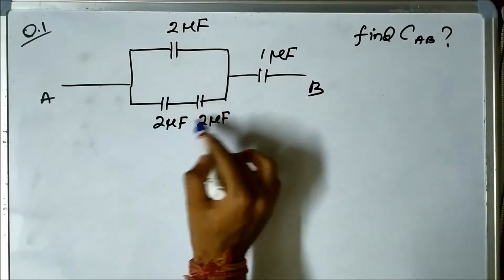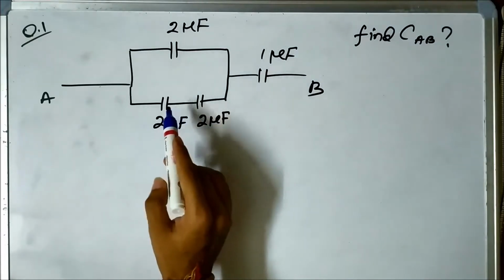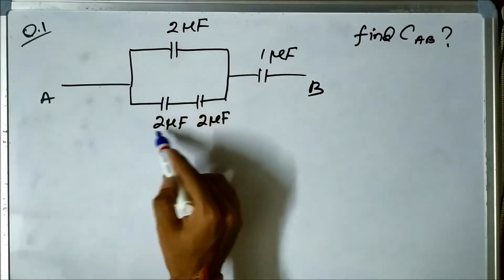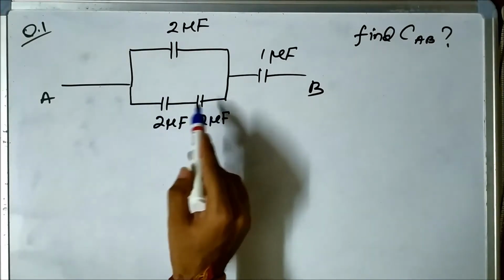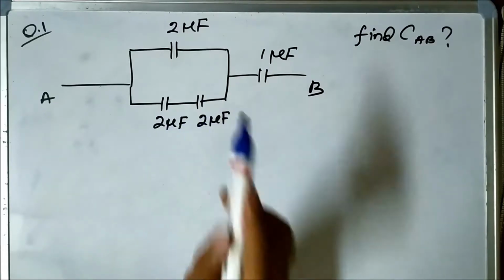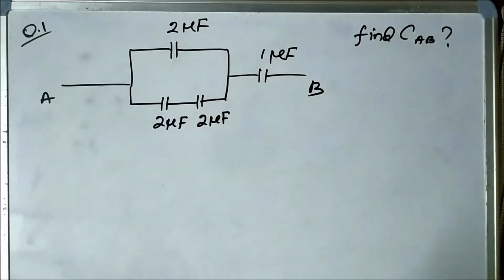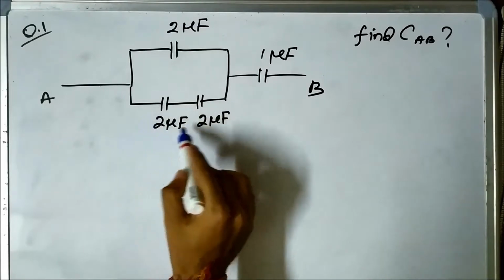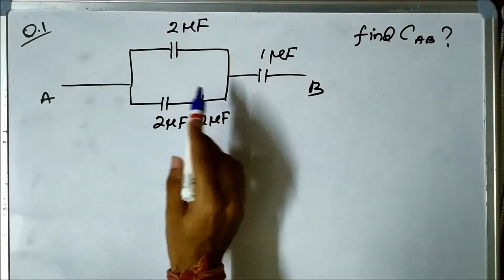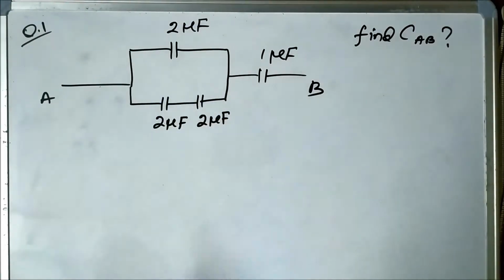Now you can see in this circuit, this 2 microfarad and this 2 microfarad are connected in series. So we can find out the equivalent capacitance of this combination.